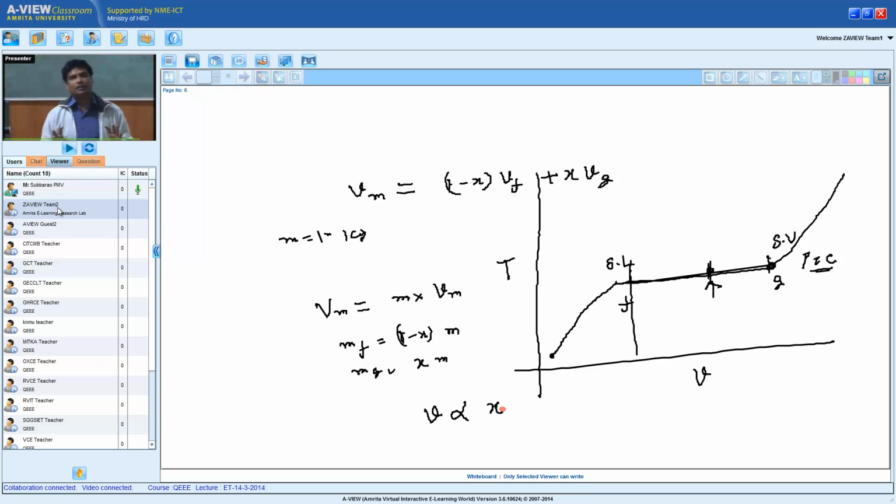So whenever I have a mixture of liquid and vapor, the resultant property should be proportional to the mass fraction, because a mixture of liquid and vapor always remains pure. Imagine a mixture of water and steam together; as long as only these exist, they are in the same substance.